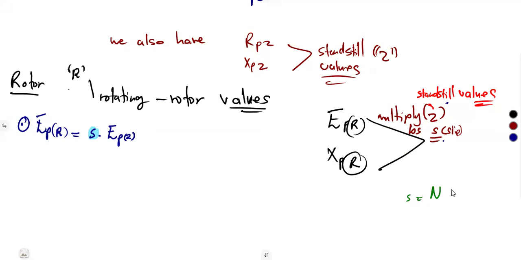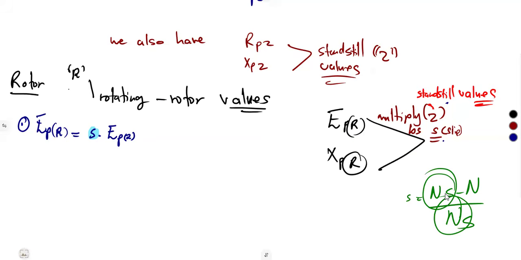But remember, as you were calculating the slip before, the percentage slip was taken from (NS minus N) over NS, where this NS has frequency inside of it. So as we consider the slip, it is also a product of frequency. We have frequency inside of the slip.